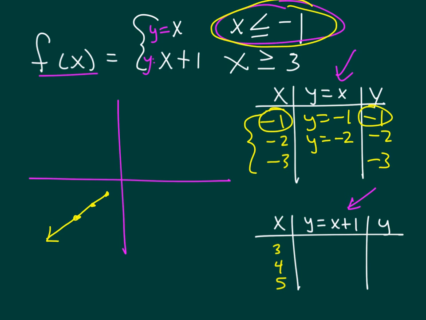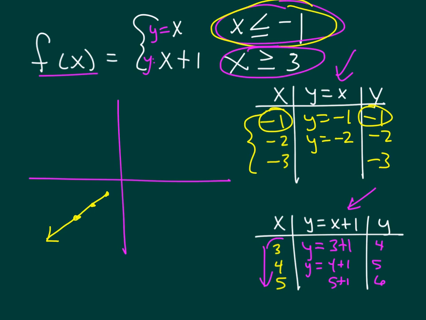Now let's look at the next one. These are all the x's that are greater than or equal to 3. So that's what I chose, 3, 4, 5. When I plug this in to y equals, I'm going to plug in 3 plus 1, that gives me 4. If I do that again, y equals 4 plus 1, that gives me 5. And the next one, 5 plus 1, gives me 6.